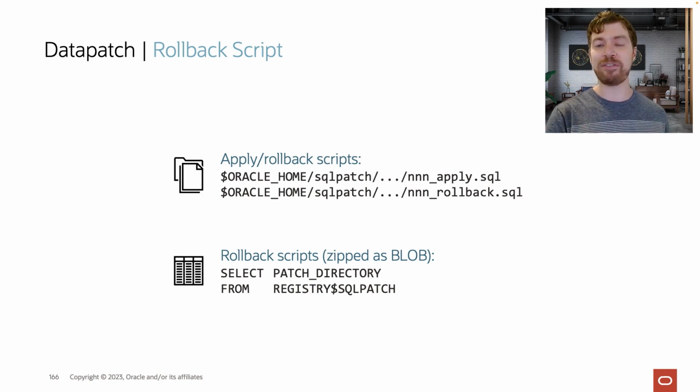So when the 19.15 database checks your dictionary, it will know that it is in a higher release that this version doesn't understand. However, when you call the Datapatch process in that lower release, it will get the zip file, put it inside the Oracle home, and run all the rollback scripts to bring this database to this lower 19.15 release. So that's how this magic happens, because we also have inside the database the necessary files to be rolling back a given patch. Now it's with you, Mike.